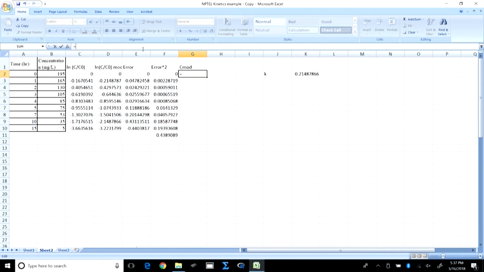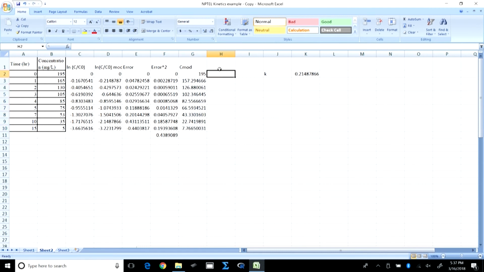C t equals C naught, in this case 195, times the exponential of minus k times t. k is a constant in this cell, so I will have to set it accordingly, and t is here. So I am going to enter that and copy it here.